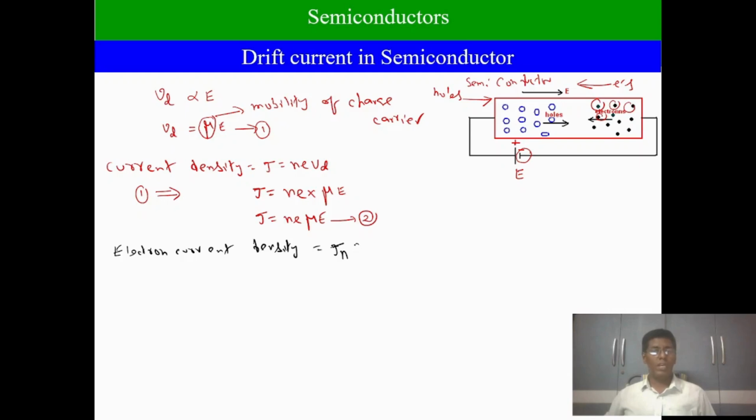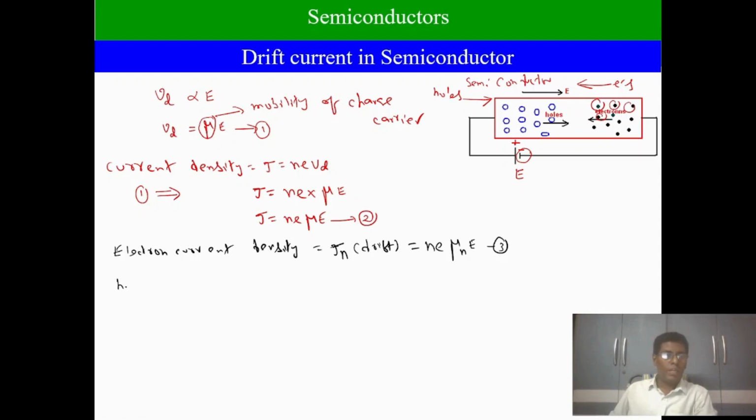This mechanism is called drift, so Jn drift is equal to n e mu n E, equation number 3. In this equation, small n is the number of free electrons, e is the charge of the electron, mu n is the mobility of the electron, and E is the applied electric field.